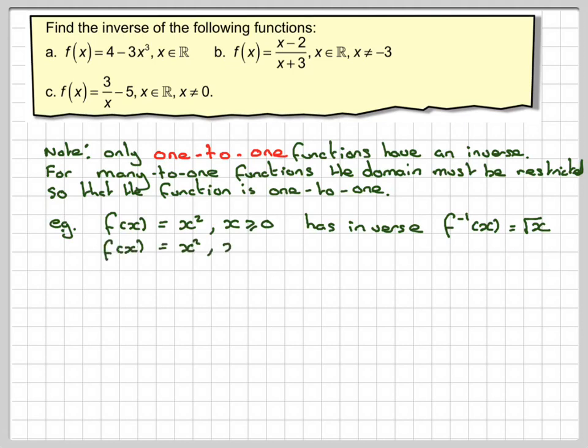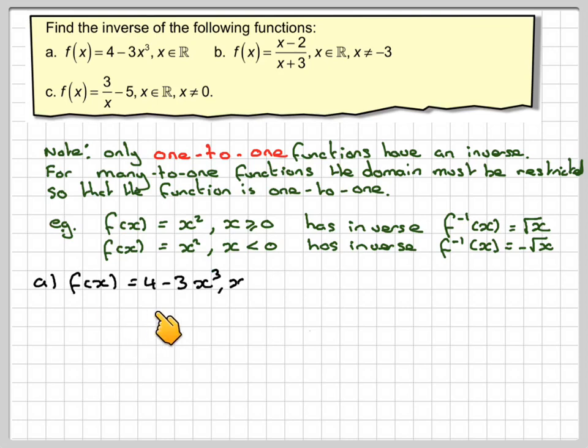If you have f of x is equal to x squared for x less than 0, then that will have an inverse function. F to the minus 1 of x is equal to minus the square root of x. So if you combine both functions, then you have a many-to-one function. But separating like that will make them one-to-one, and therefore you can find the inverse.